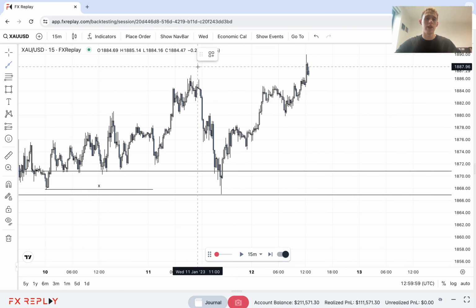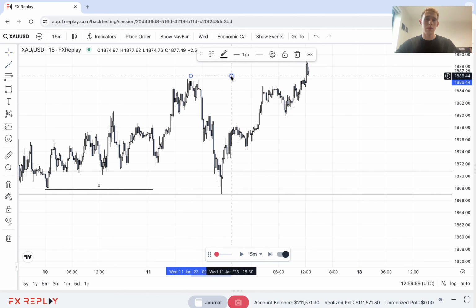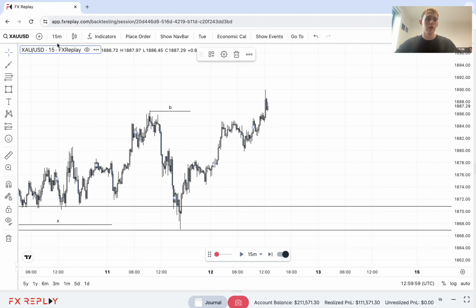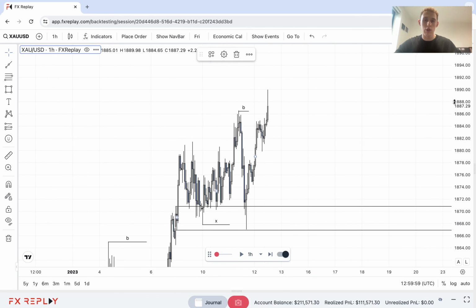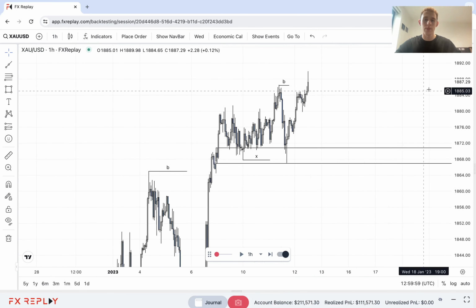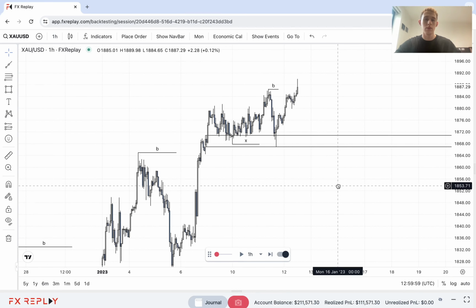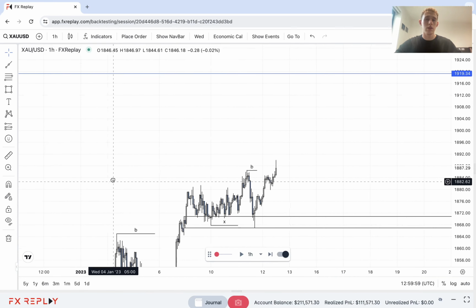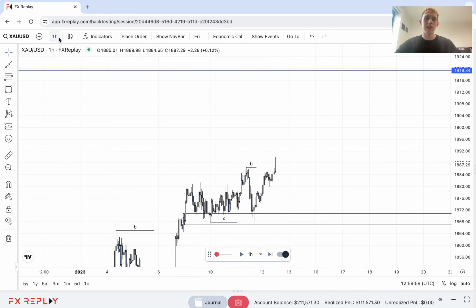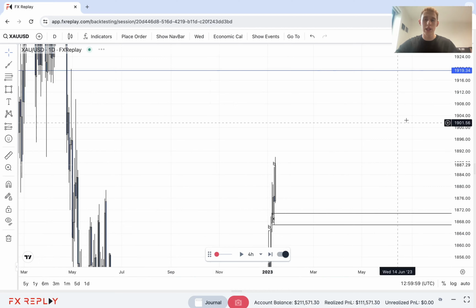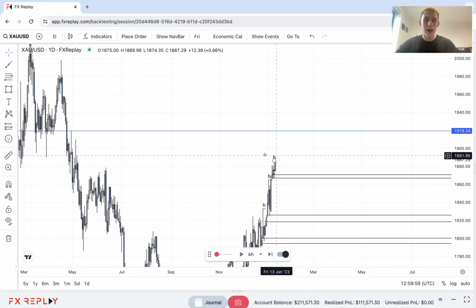But we can mark this on now as a break. Again, just following this overall uptrend that we're in. Being mindful of the liquidity points as well, where we could see some larger pullbacks.